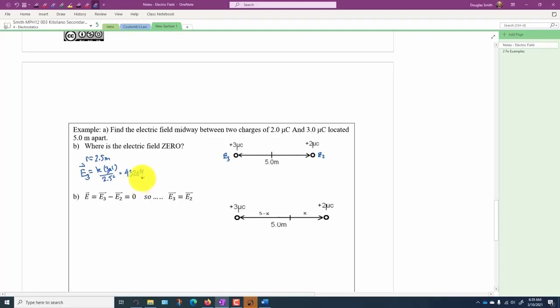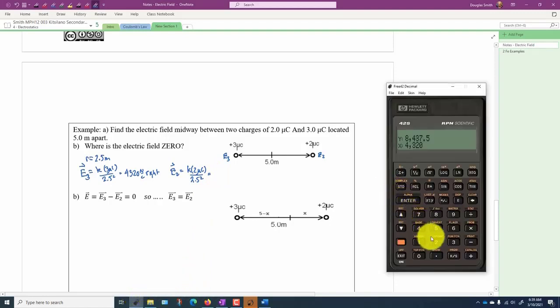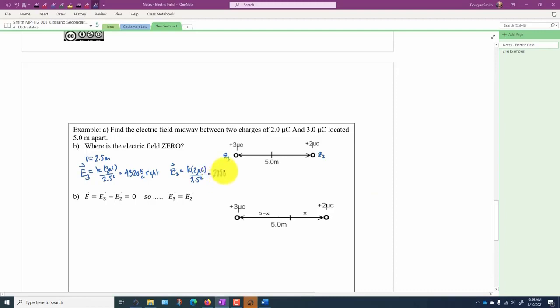And that would go to the right. E2 is K 2 microcoulombs, 2.5 squared. So that'll be 2/3 of that. We'll multiply that by 2, divide by 3, so that's 2880. That one will be to the left.